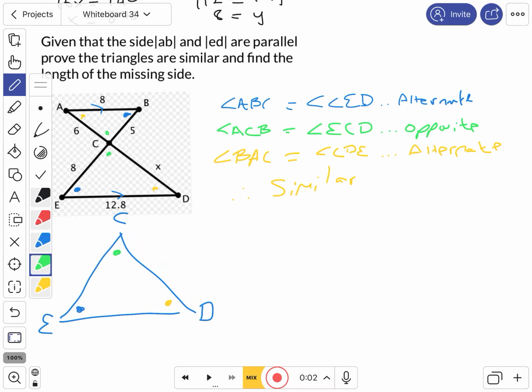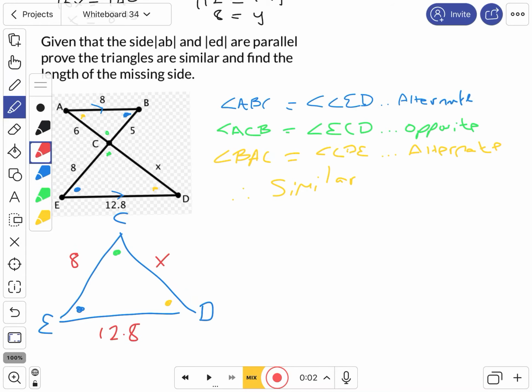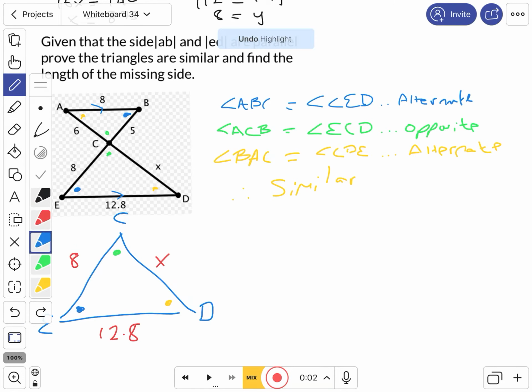Okay, so I'm going to label in my sides then, and my sides are 8x and 12.8. If I draw in my other triangle then, the smaller triangle, I'm going to put it in the same order.